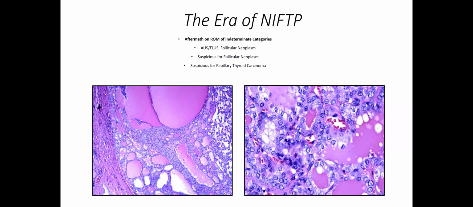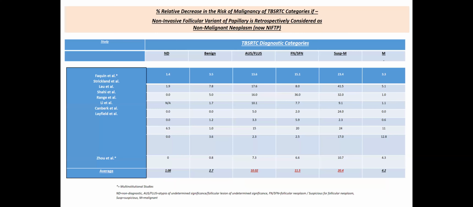So actually, when you take the non-invasive carcinomas out of the equation, your risks of malignancy are going to drop. And as shown here, as predicted, it dropped in these indeterminate categories of atypical, neoplasm, and suspicious. So one has to think about those things in those terms.